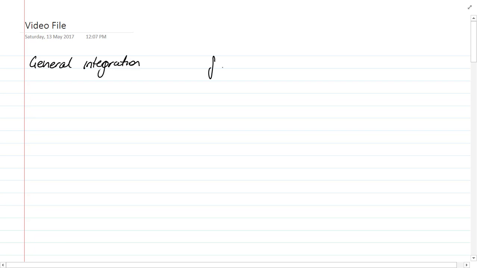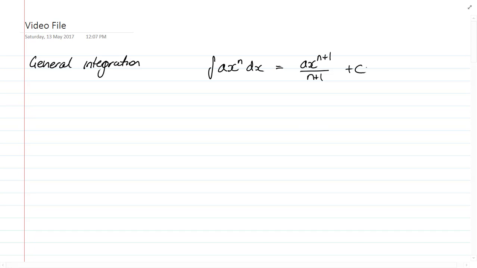So first of all, for polynomials, if we integrate ax to the power of n dx, then this becomes ax to the power of n plus 1 divided by n plus 1 plus c. So it's really important here you recognise with polynomials, we raise the power by 1 and we divide by the new power. And that's the opposite to when we differentiated and we multiplied by the old power and we brought the power down by 1.